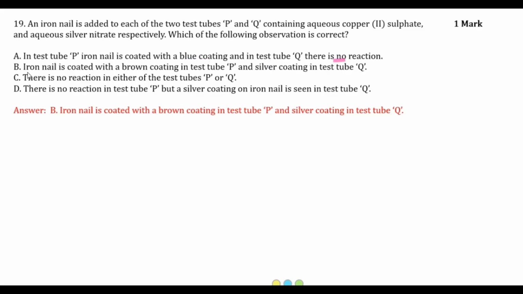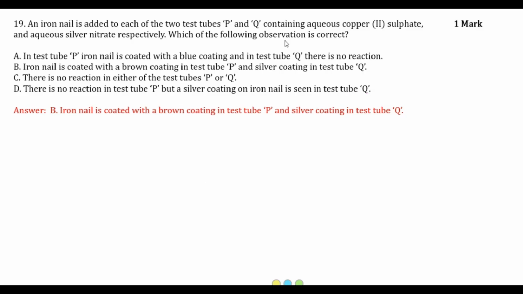Option B: the iron nail is coated with a brown coating in test tube P and a silver coating in test tube Q. Option C: there is no reaction in either test tube P or Q. Option D: there is no reaction in test tube P, but a silver coating on the iron nail is seen in test tube Q. So these are the four observations they have given, and we have to write the correct one.